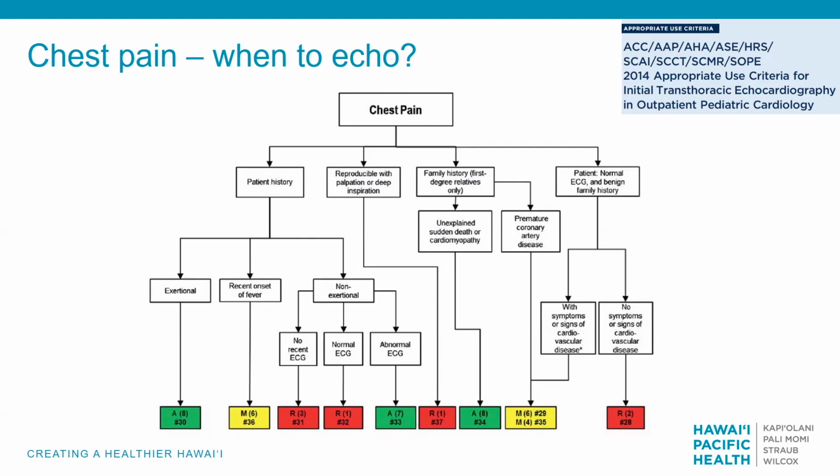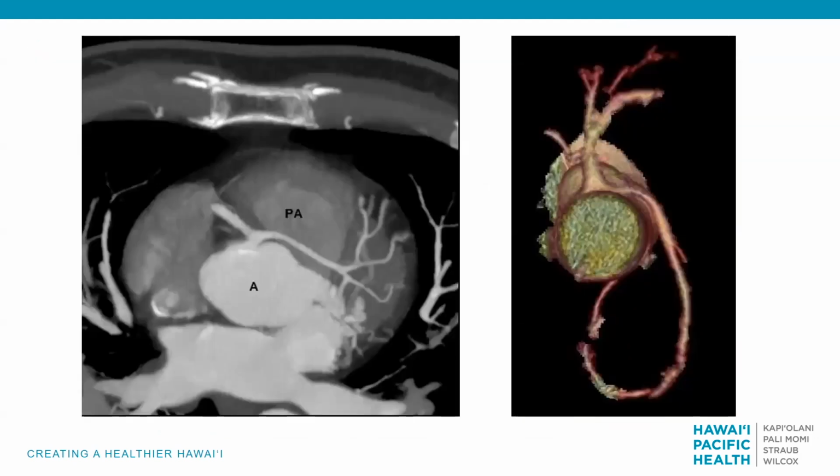So what do we need to do with chest pain? Get a good history. If it's exertional or there is a family history of sudden death, you may order an echocardiogram, but in my opinion, you absolutely need to order an EKG at the time of chest pain or even unrelated to that.